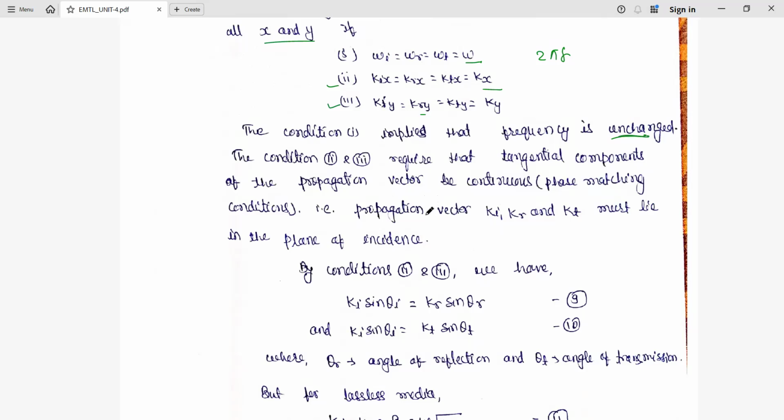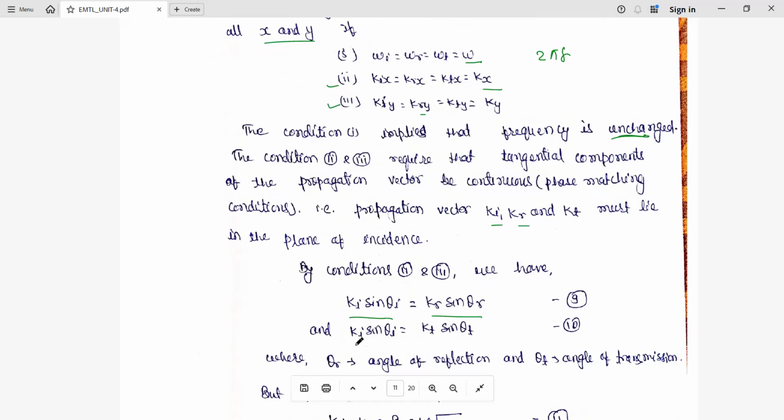For that, the phase matching condition applies, and Ki, Kr, Kt must lie in the plane of incidence. So by conditions 2 and 3, we have Ki sin theta I equal to Kr sin theta R, so both lie in the same plane.